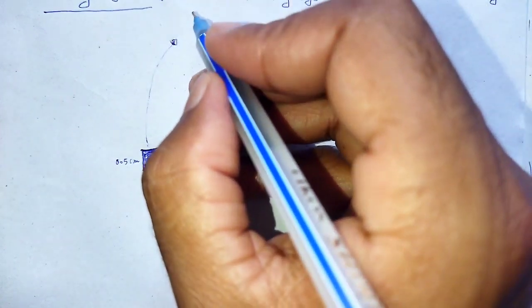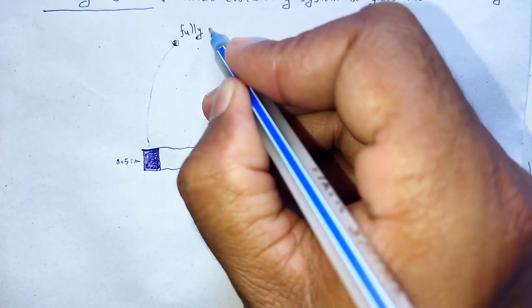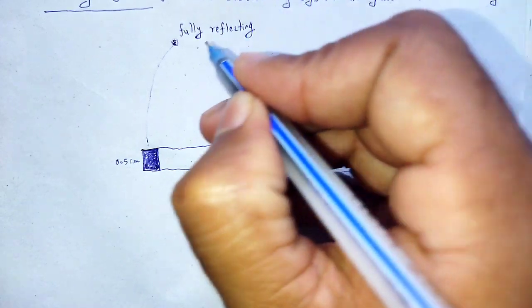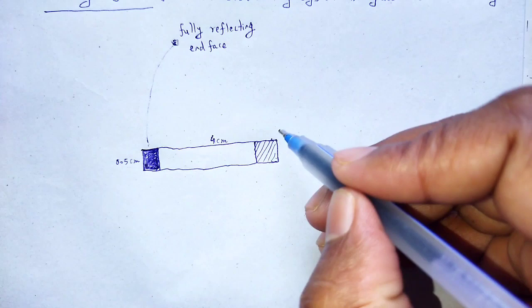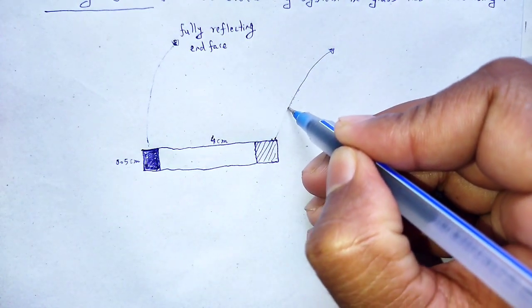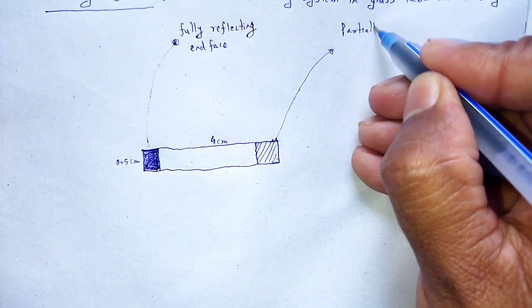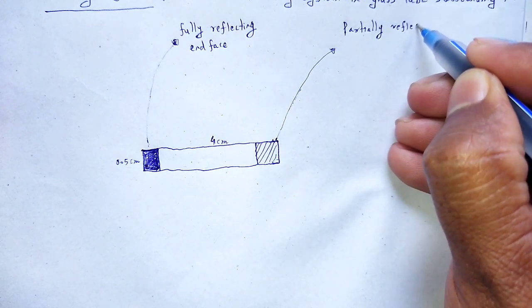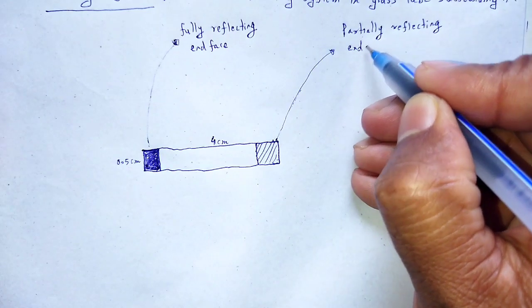That end is the fully reflecting end face, and that end is the partially reflecting end face.